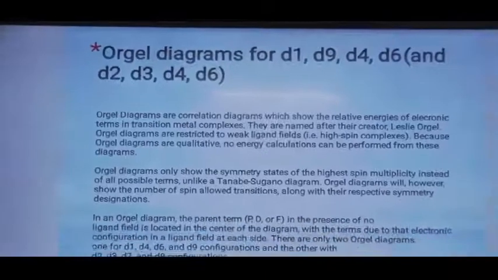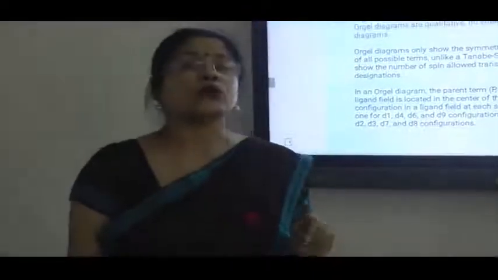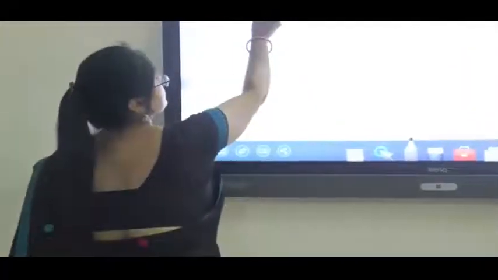Before studying the Orgel diagram, we must have thorough knowledge about what we mean by terms, symbols and energy of different types of terms. Let us explain these one by one. We know that electrons are arranged in different orbitals. These can be an s orbital, a p orbital, a d orbital or an f orbital.